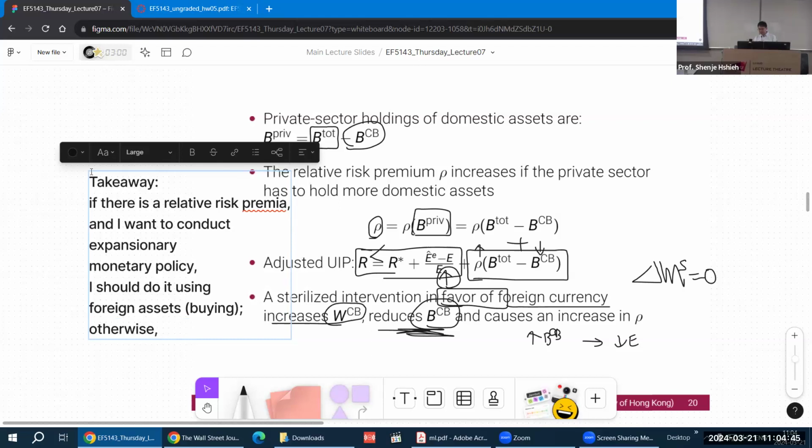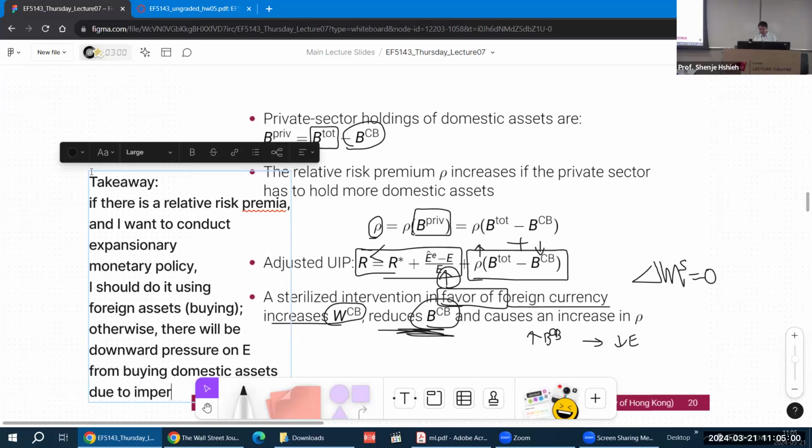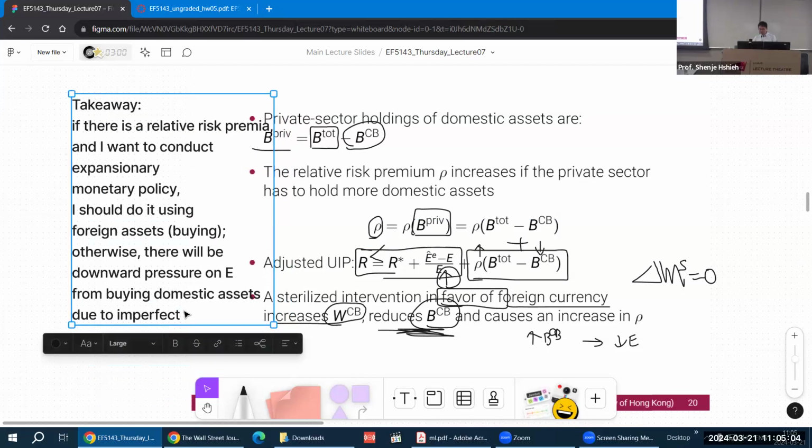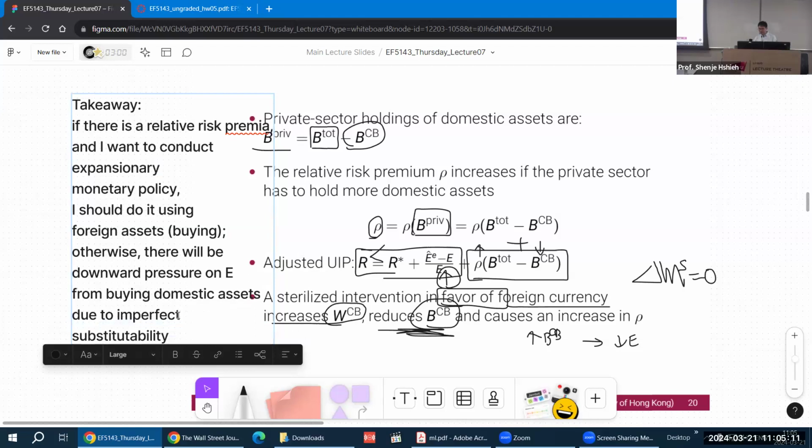Otherwise, there will be downward pressure on E from buying domestic assets due to imperfect substitutability. So I forgot to mention that word.